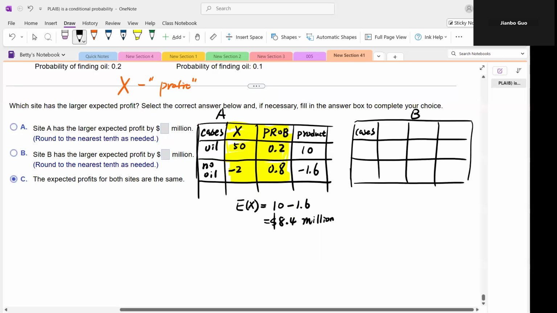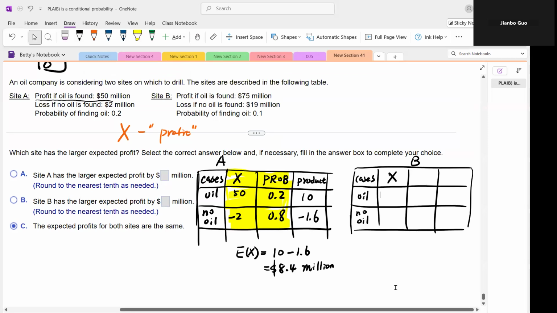Either find oil or end up not finding oil. So 2 cases. And the second column is all the possible values for the random variable X. Again, random variable X represents profit. Let's look at the information about site B.